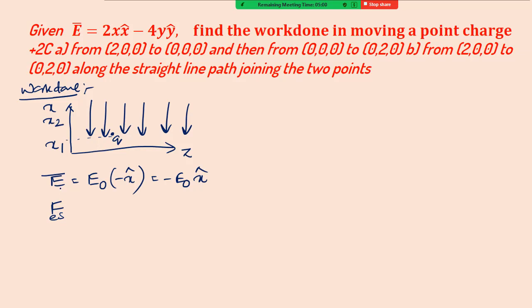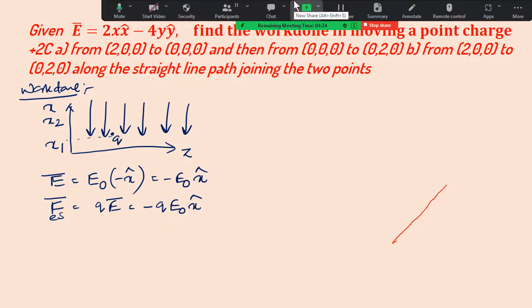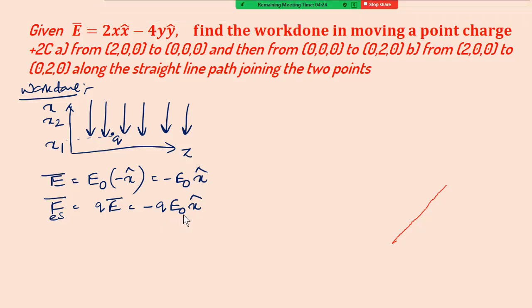E bar is the electrostatic field. We know the relation between electric field and force, that is charge times electric field. So what is the charge? Q. What is the electric field? E bar. So it is equal to minus Q times E naught into x cap. This is the force available on the charge Q due to this particular electric field E bar.